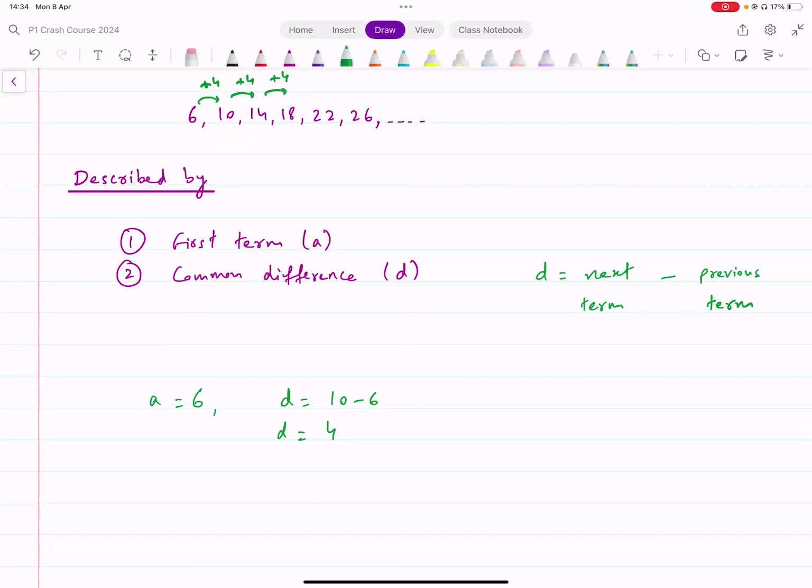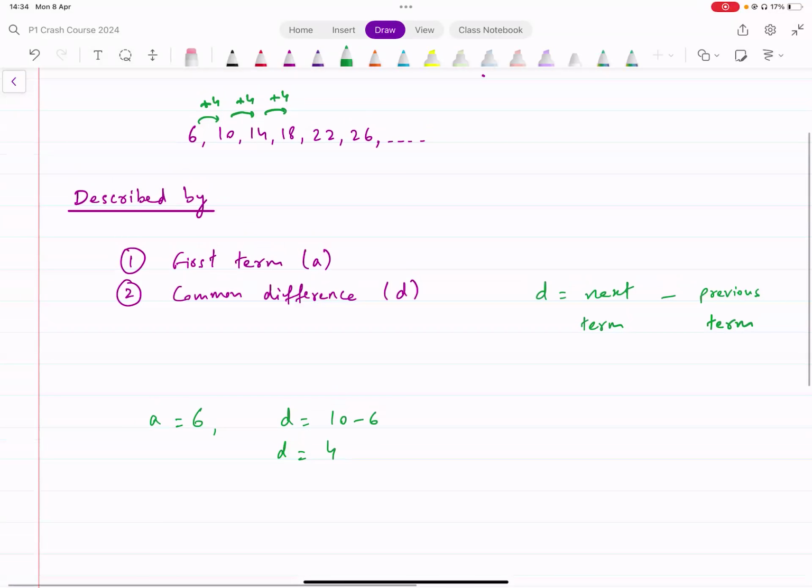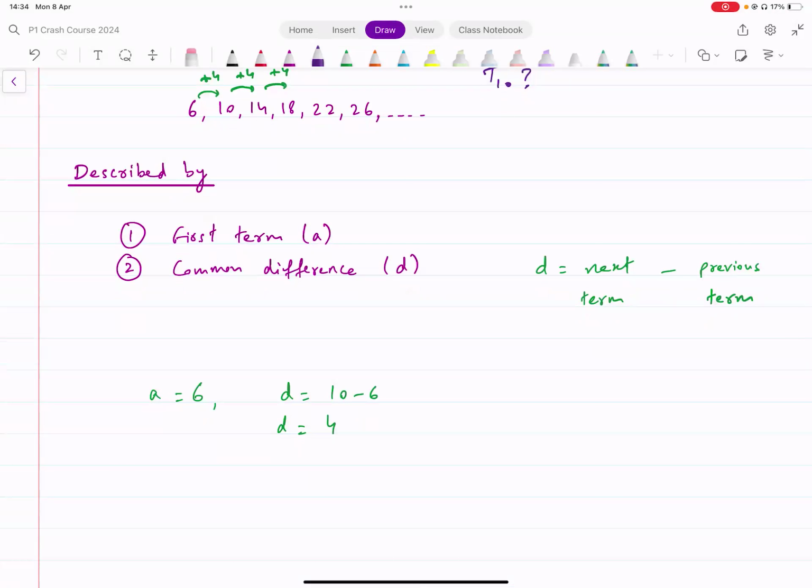All right. Now, what we need to be able to do is write down any specific term of a sequence. So for example, if a sequence looks like this, if I were to ask you what's the 10th term of the sequence, which we denote by T10, how could you figure that out?